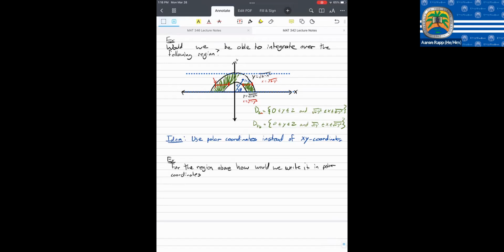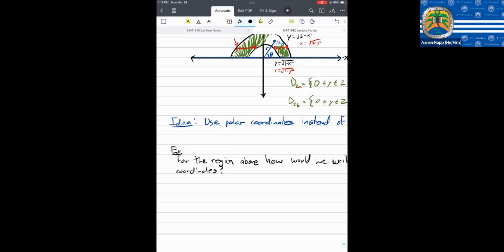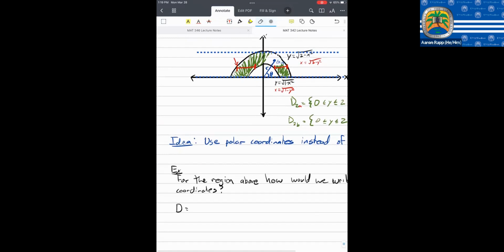So how do we define that region in polar coordinates? Is the question. Well, I now have to think about it in terms of radiuses and in terms of angles. So think about the angles that this thing travels on.